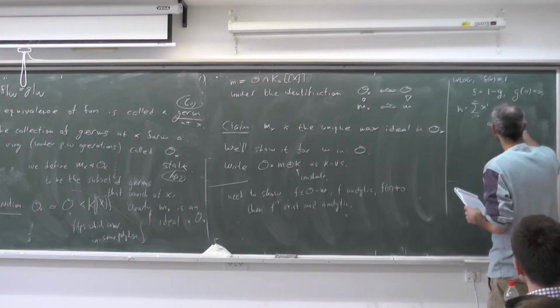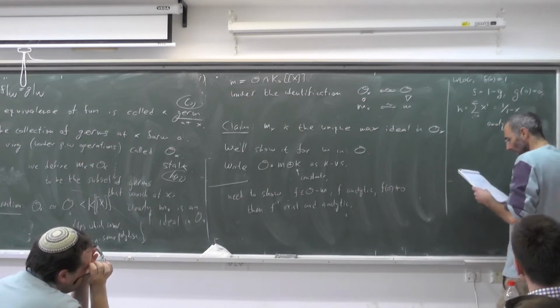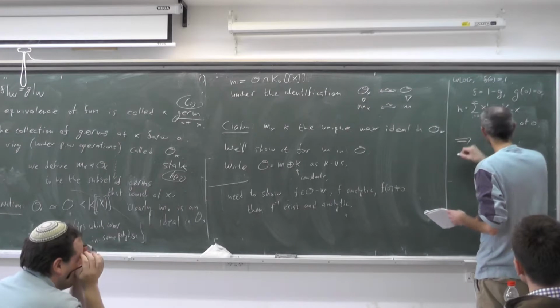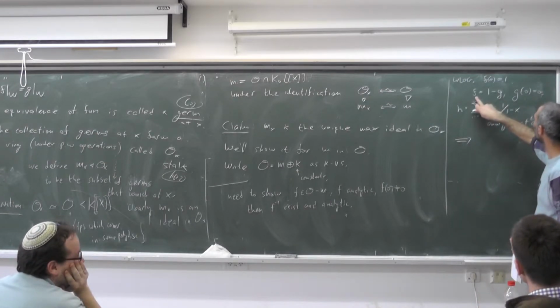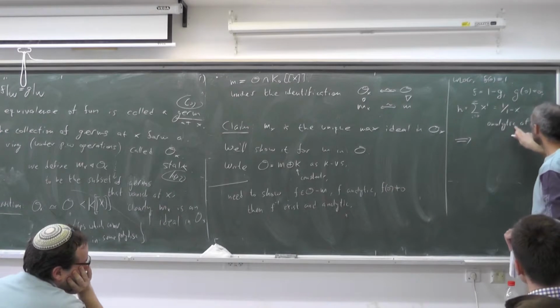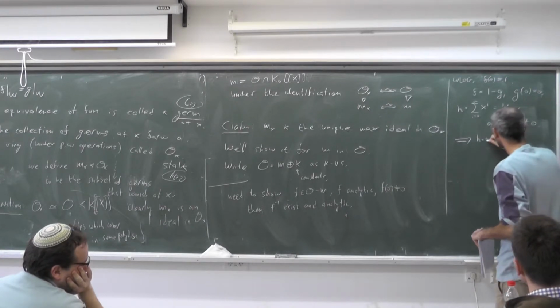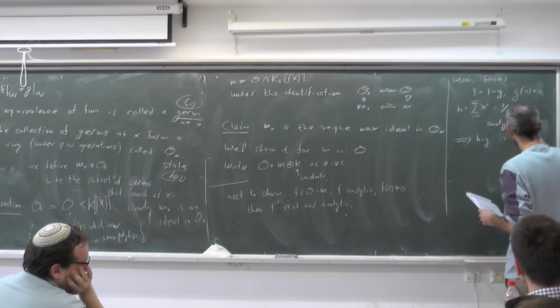This is analytic at 0. And it follows, since f is analytic at 0, g is analytic, and h is analytic, then h composed with g is analytic at 0.